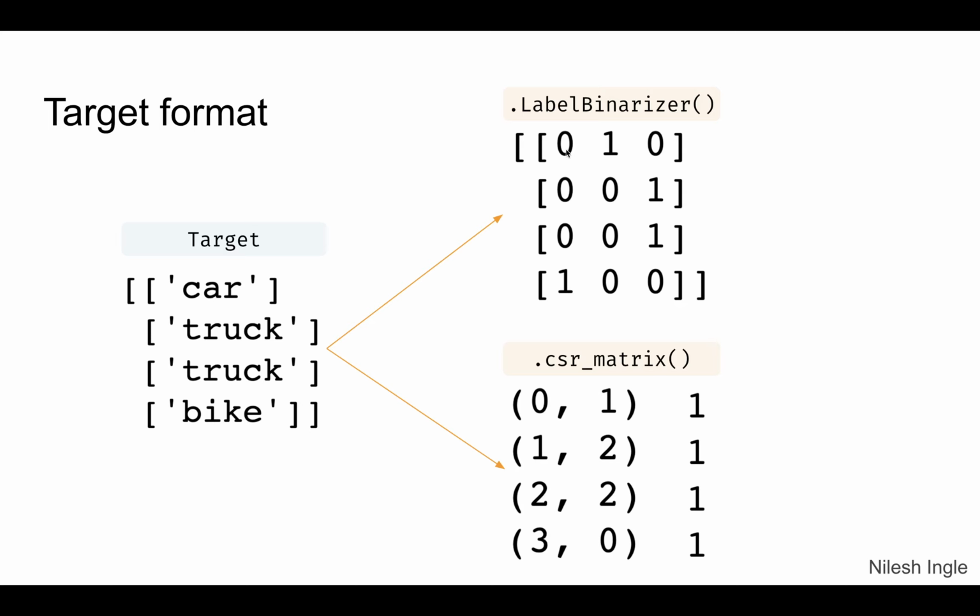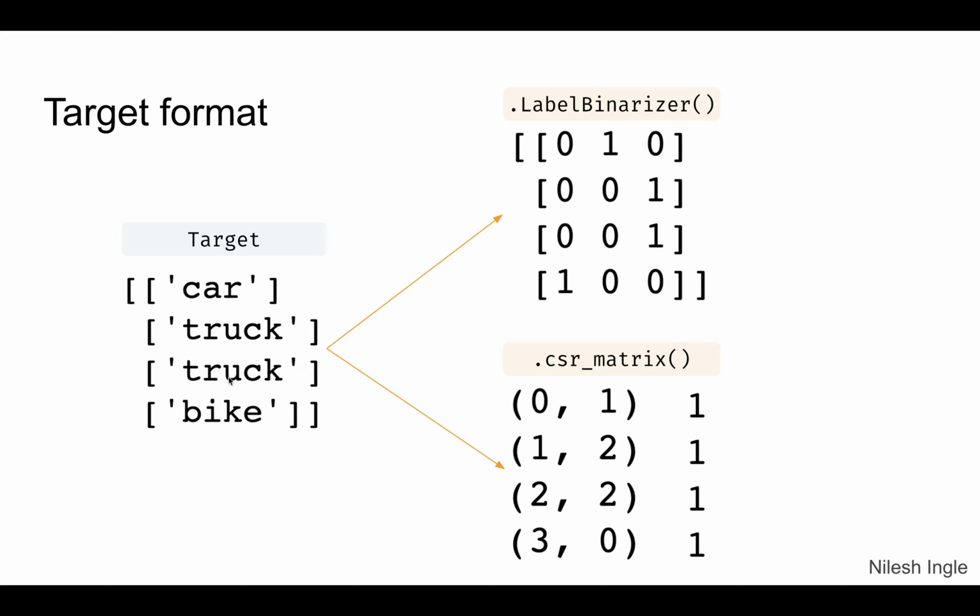So on the right hand side on the top, we have a dense matrix where we have converted each of those classes into ones and zeros. So let's try to arrange these alphabetically. So bike would be first, car would be the second column, and truck would be the third column. So in the first case, we just have a car, which is the second column. So we just have one here, other two are zero.